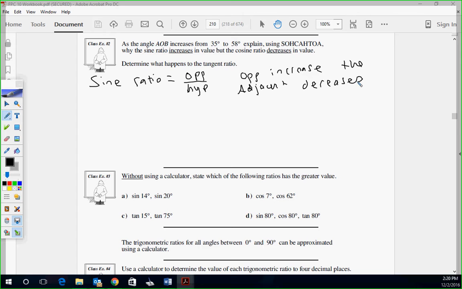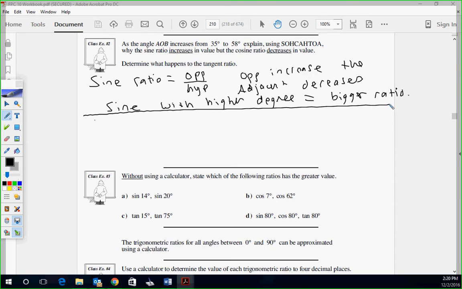So therefore, if the opposite side increases, then sine will increase. So sine of a bigger degree creates a bigger ratio. That's what we just showed. We took sine of 35 and sine of 58, and the sine of 58 was a bigger ratio because as the degree increases, that angle creates the opposite, so our opposite increases.